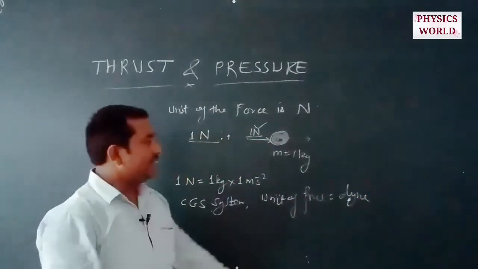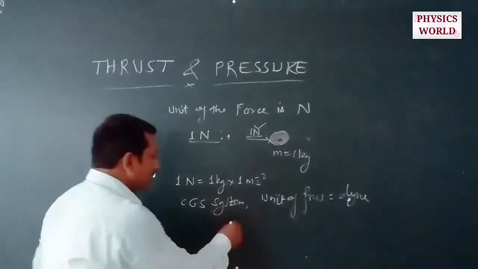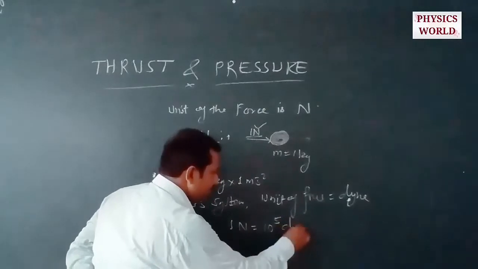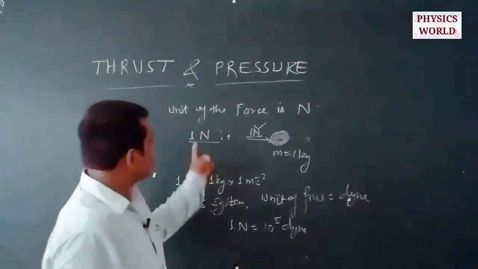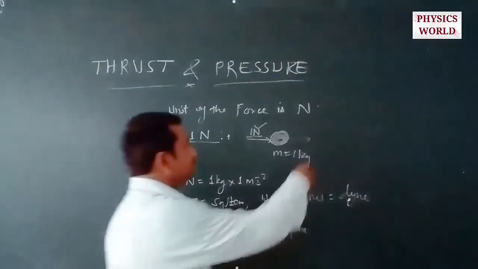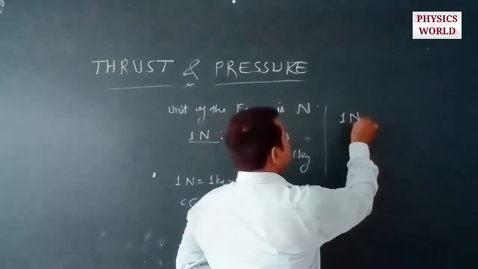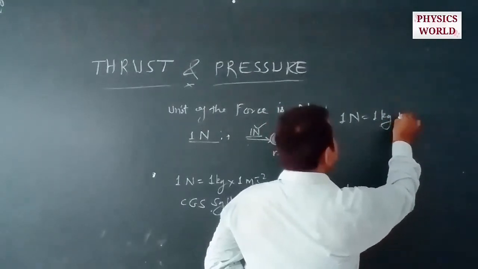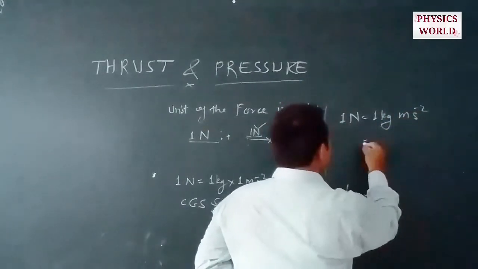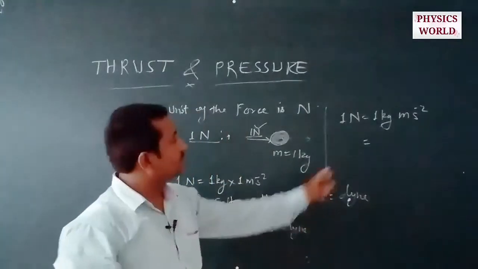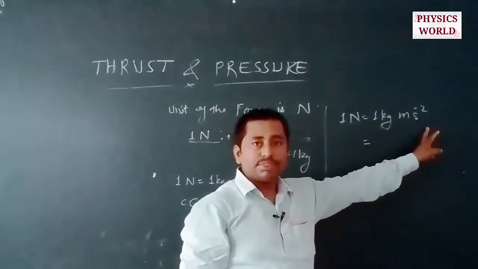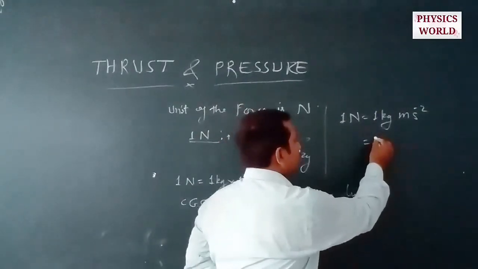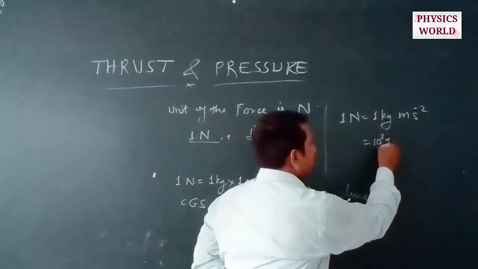If we relate the dyne with the Newton, we get 1 Newton is equal to 10 to power 5 dyne, because 1 Newton is 1 kilogram meter per second square. If we convert this MKS unit into the CGS system, then 1 kilogram equals 10 to power 3 gram.